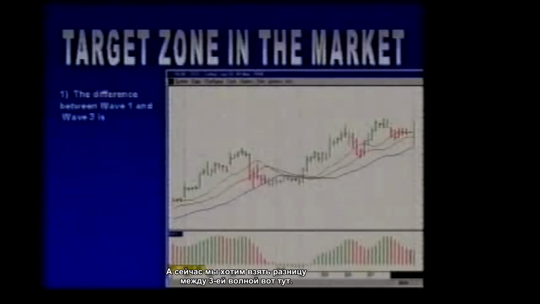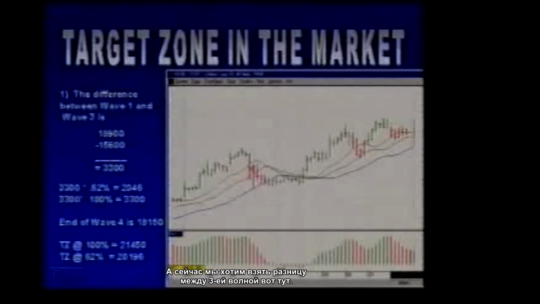But right now, we want to take the difference between the wave 3 up here, which was 189 even, and the beginning of wave 1 was 156 even, and that difference is 33.00 points.